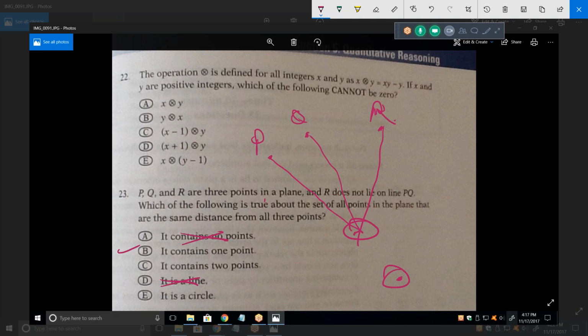From the way I have drawn it, there is only 1 point. I cannot find a point on this side that is equidistant from all 3 of those points. In other words, I can't find a second point.